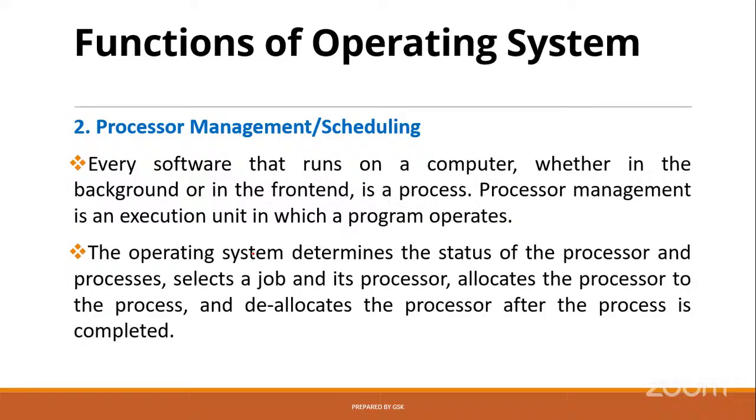So processor scheduling means, depending on the CPU scheduling only, which process will be executed first, which process will be executed next, and what is the sequential order of the execution of the processes. All these will be decided based on the CPU scheduling algorithms only. And this is also the work of the operating system. The operating system will take care of this.